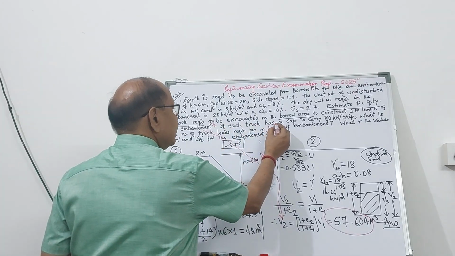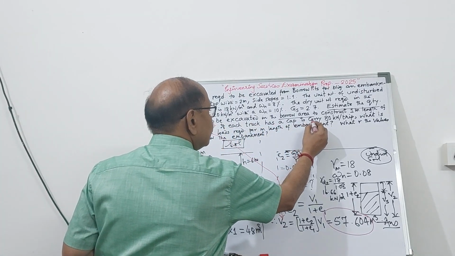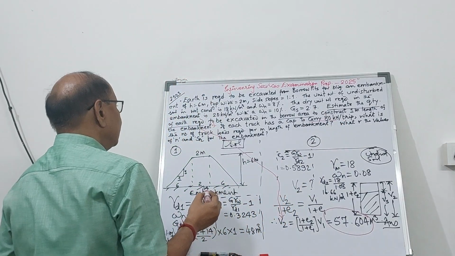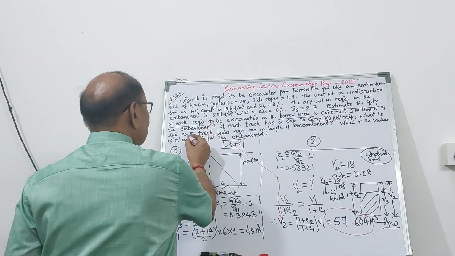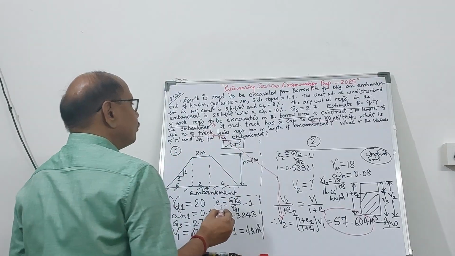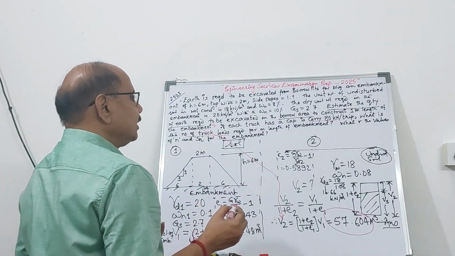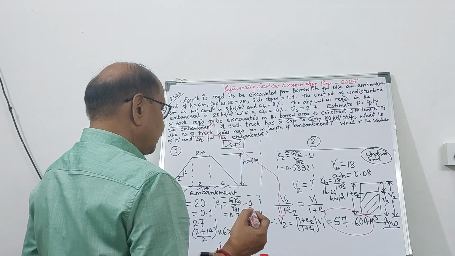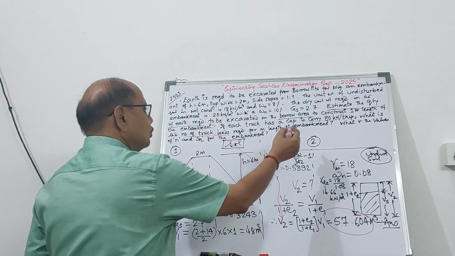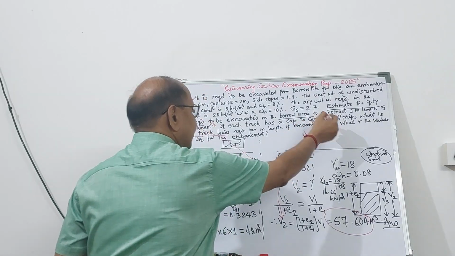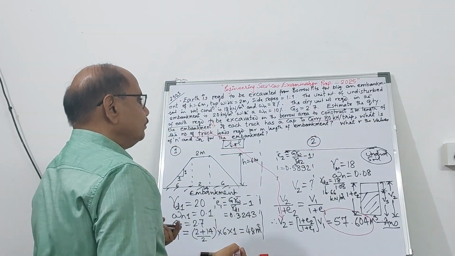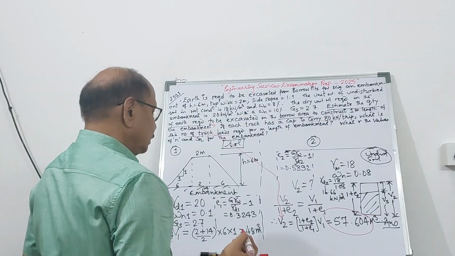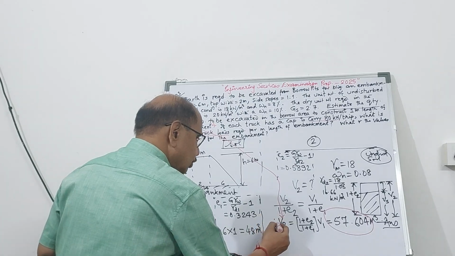If each truck has a capacity to carry 80 kilonewton per trip, what is the number of truckloads required per meter length of the embankment? In each trip you are going to carry 80 kilonewton.